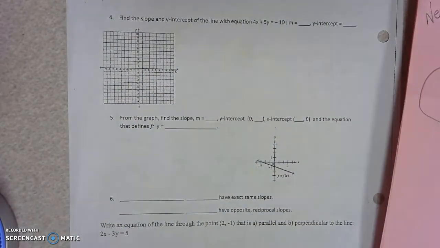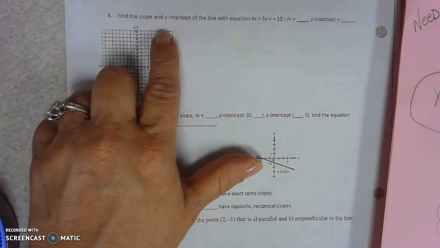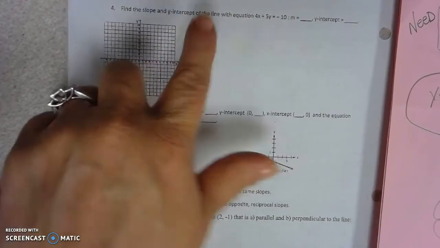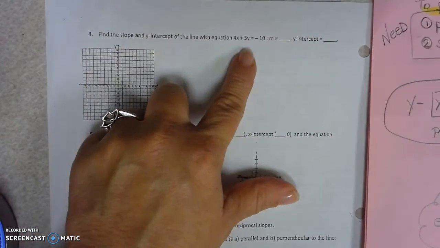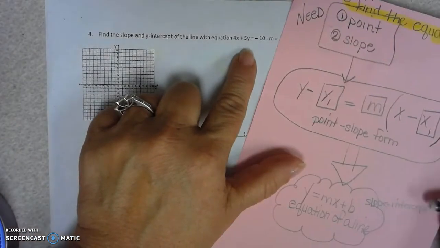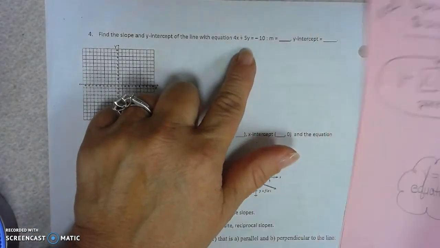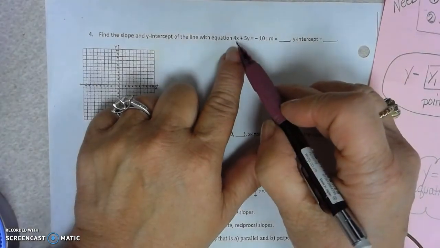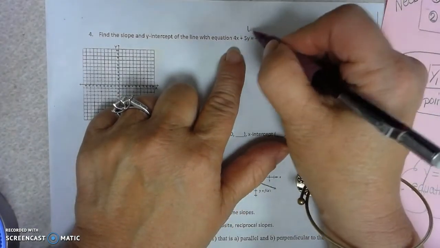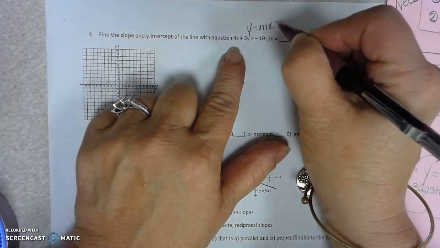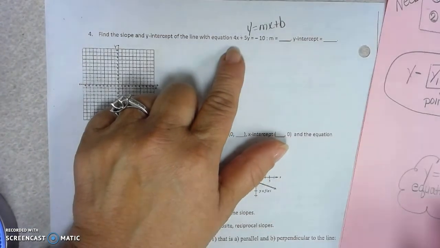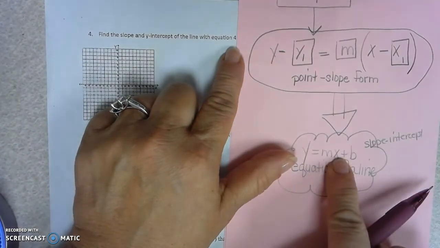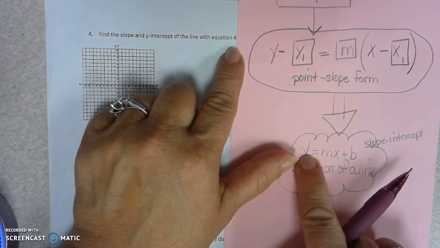So this back page, find the slope and y-intercept of the line with equation. So this is an equation, kind of going backwards here. You can't really say that 4 is your slope because it's not in slope-intercept form. But we can put it in slope-intercept form by solving for y.